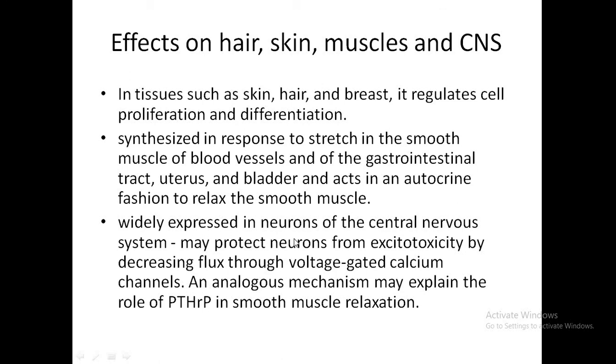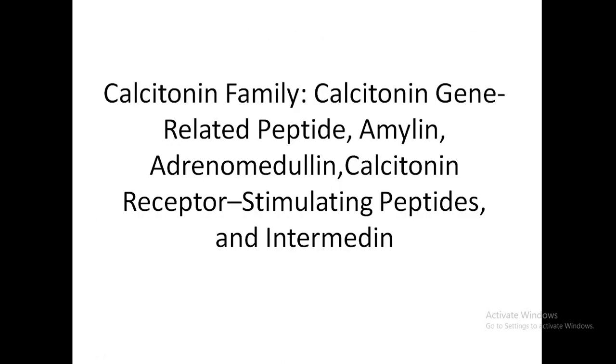It's widely expressed in neurons of the CNS, and it may protect neurons from excitotoxicity by decreasing the flux through VGCC, the voltage gated calcium channels. And it also plays a role in smooth muscle relaxation, because when the transport of calcium across the VGCC is decreased, it could help in relaxing the smooth muscles.